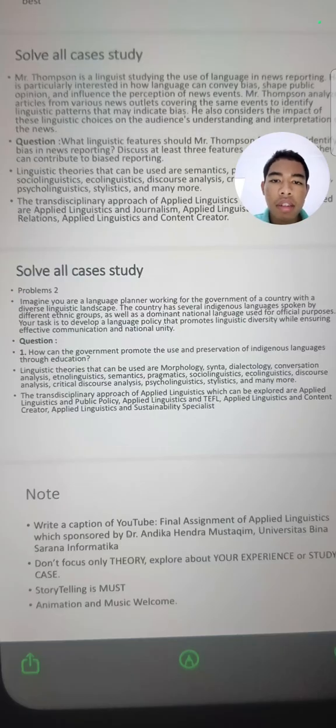Your task is to develop a language policy that promotes linguistic diversity while ensuring effective communication and national unity. Question: how can the government promote the use and preservation of indigenous languages through education?